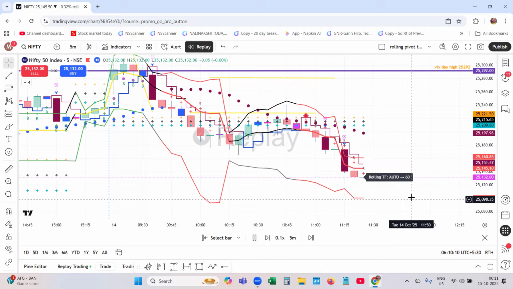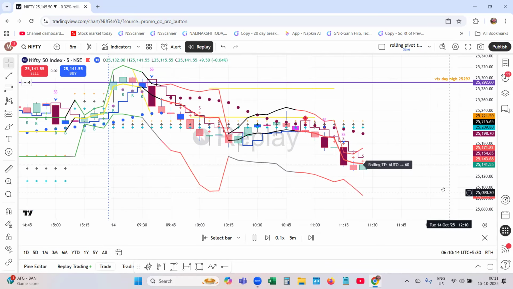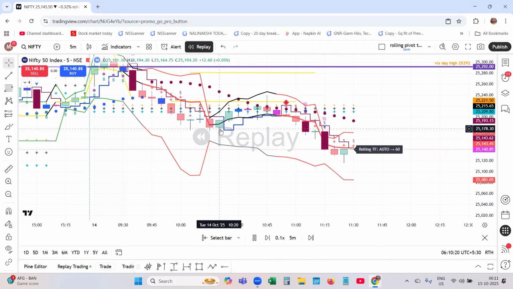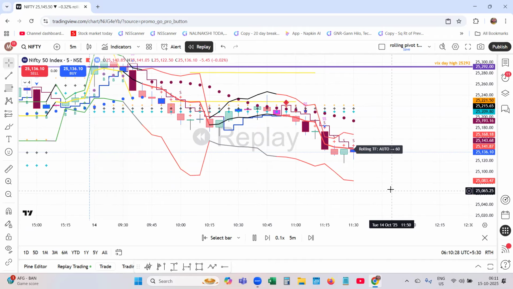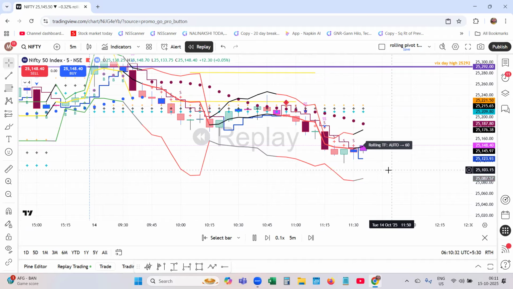It will indicate a resistance for you. Now the price is moving. The price has come to 25,141. So again, this is a normal process. When the price falls, there will be a pullback, and then there will be a sell-off. The people who want to sell, they will sell at a premium position.